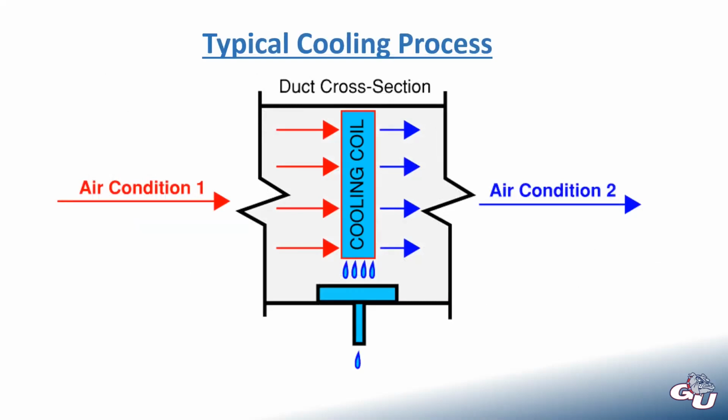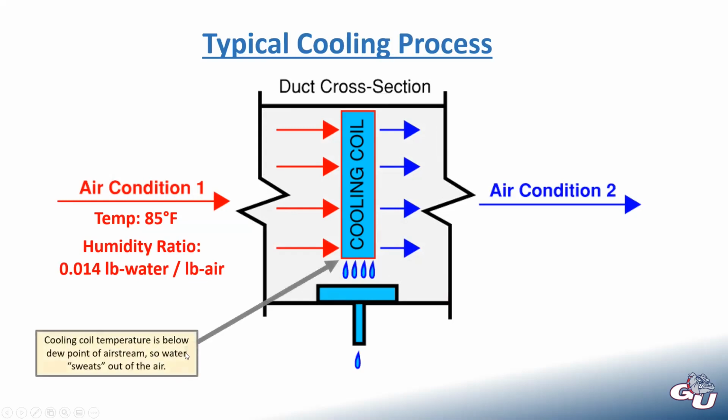So if we have really hot air coming in, say 85 degrees, that has a humidity ratio of 0.014 pound of water per pound of air. It hits this cooling coil, and this cooling coil actually sweats water out of it because that cooling coil temperature is typically much colder than the dew point of the air hitting it.